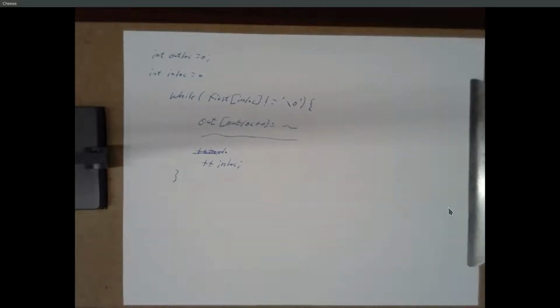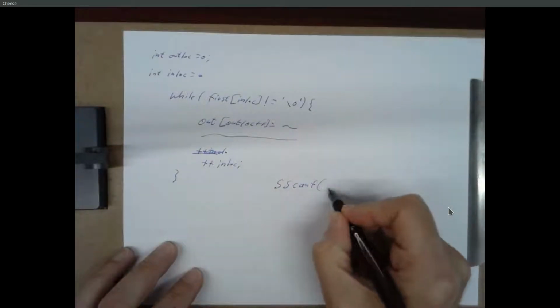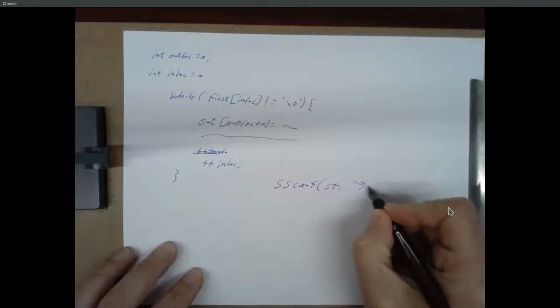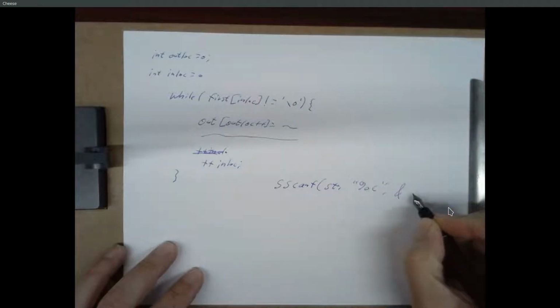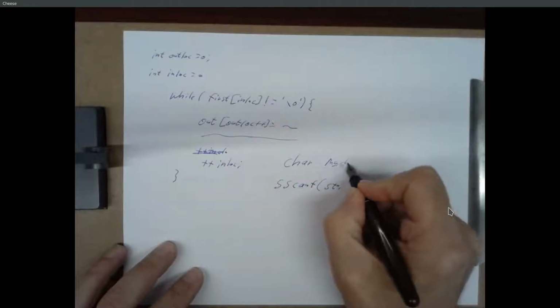So a scanf of a single character would be something like whatever your string is, %c, address of my char, where somewhere you said char my char.